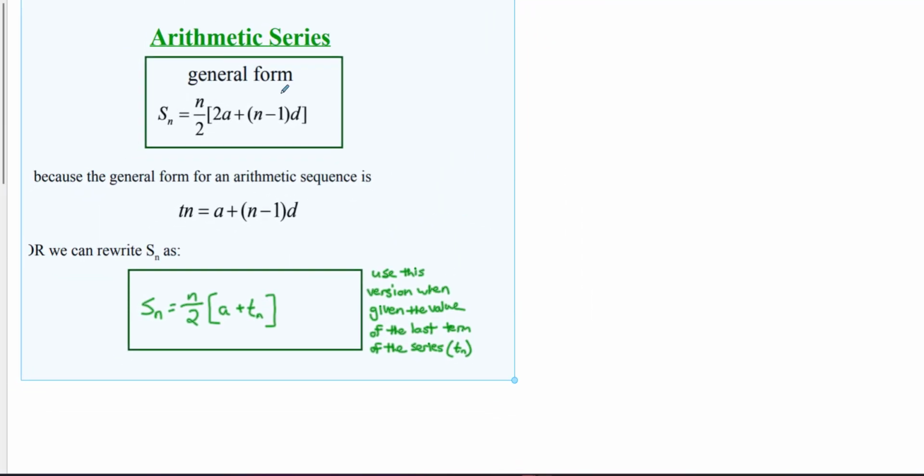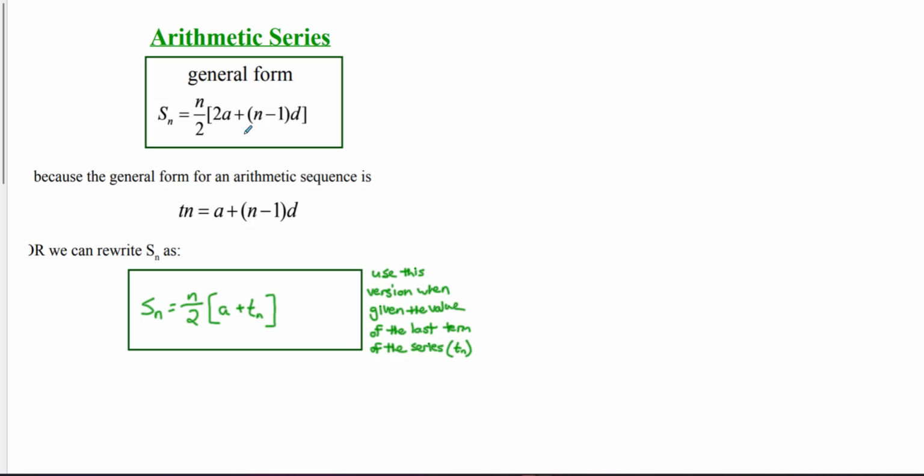All right. So the general formula for a series, arithmetic series, meaning if I'm adding the terms of an arithmetic sequence, if I'm adding them all up together. So Sn is equal to n over 2 brackets 2a plus n minus 1 times d.